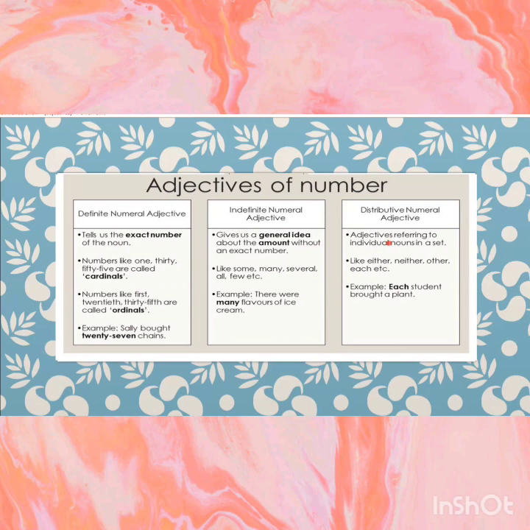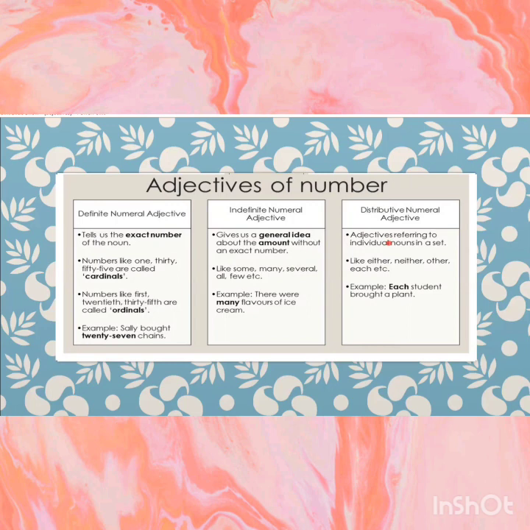Numbers like 1, 30, 55 are called cardinals because these are the specific numerals. Numbers like 1st, 20th, 35th are called ordinals. Example, Sally bought 27 chains. So this is the example of cardinals.